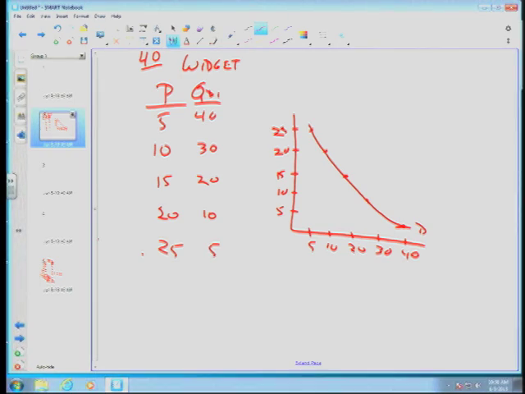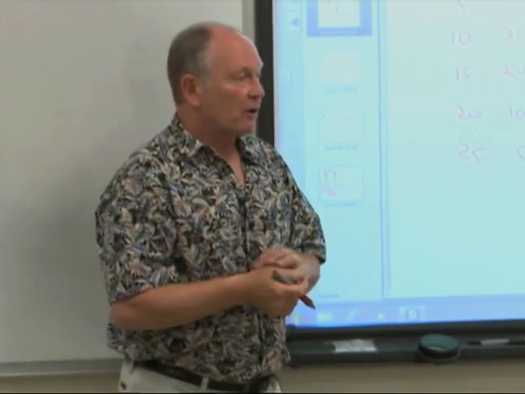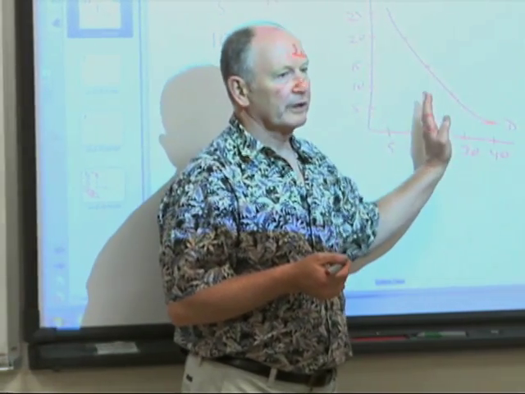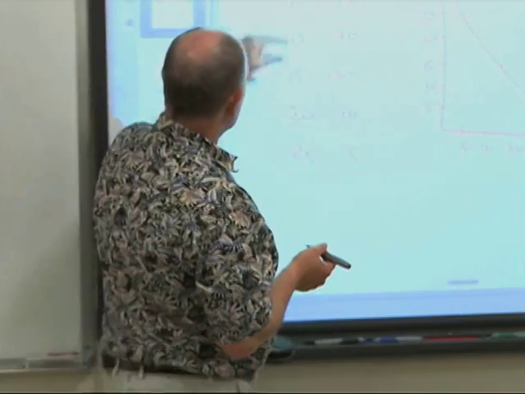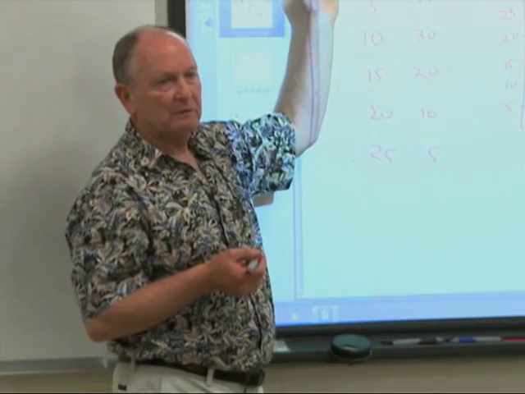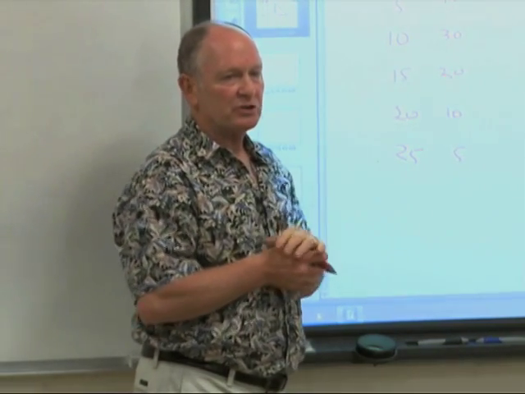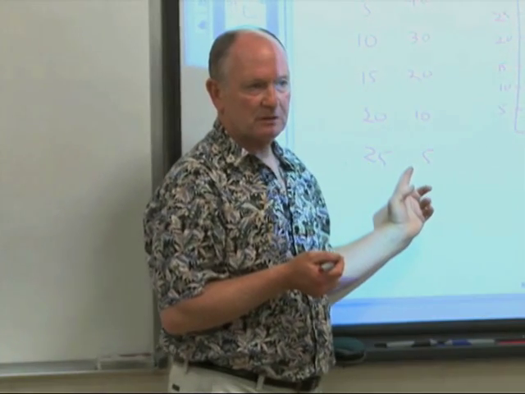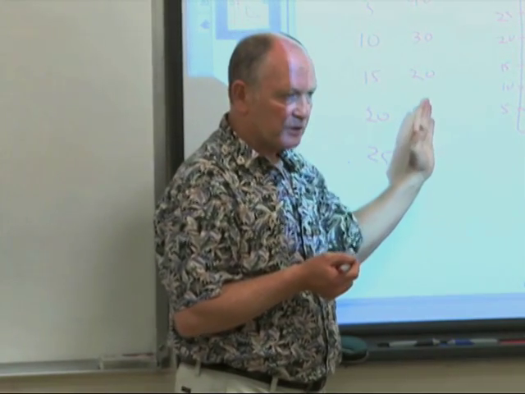Now, there are certain things that will cause this curve to change its position, to shift out or in. Let's say that this represented the quantities demanded by 40 people. What if I doubled the population? I put another 40 people just like the first 40 together. What would happen to these quantities? They would increase, right?